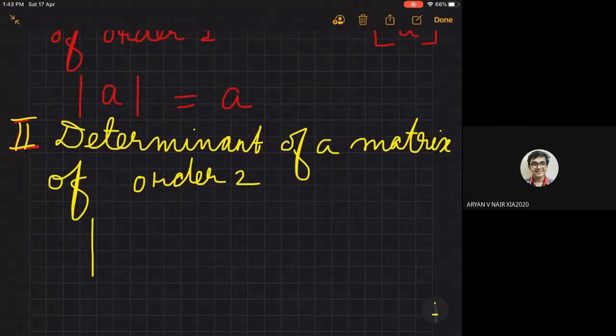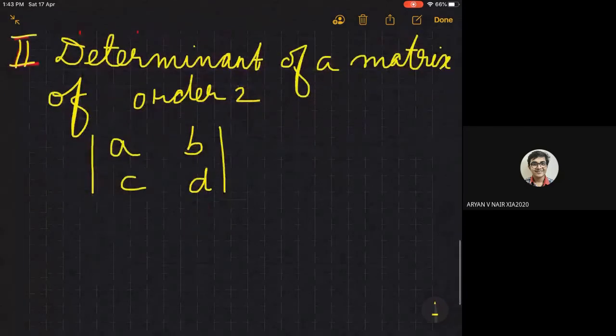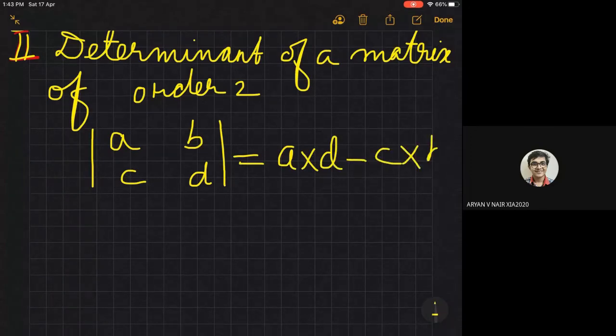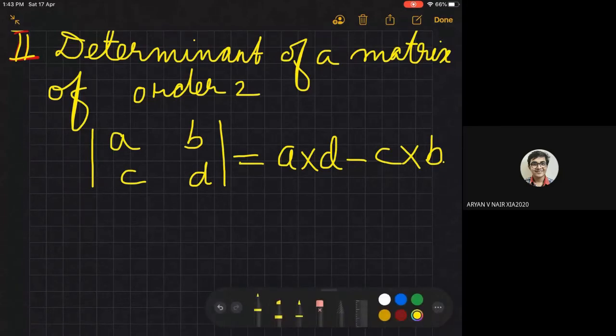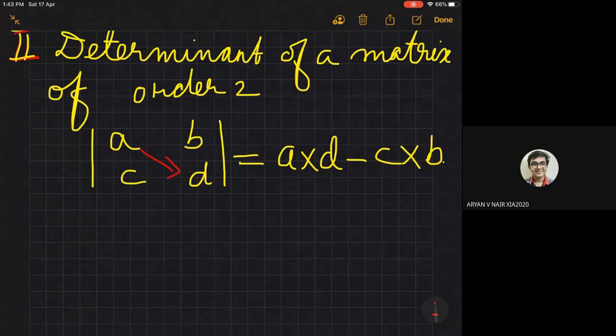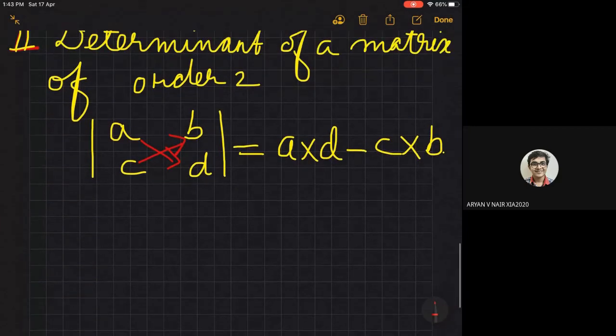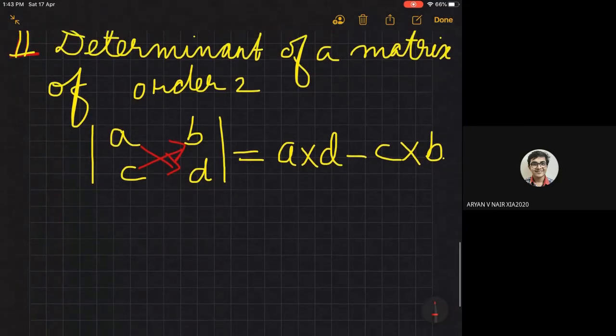You can write like this: A, B, C, D. It is defined as A into D minus C into B. You can see it is like a diagonal cross multiplication. A into D minus C into B. Have you written?